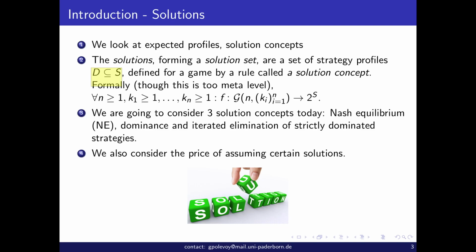Maybe we don't. When do we lose them? When don't we? When we lose the socially best profiles, why? What exactly is the ratio between what we can get now, under the rules of this solution concept, and what we could have got in the beginning? So all those notions are related to the price of, let's say, assuming we play Nash equilibria.